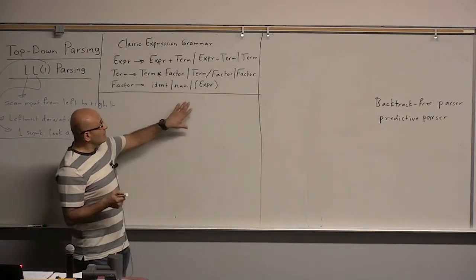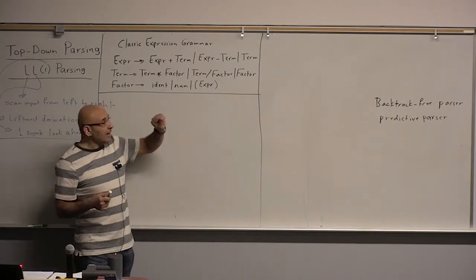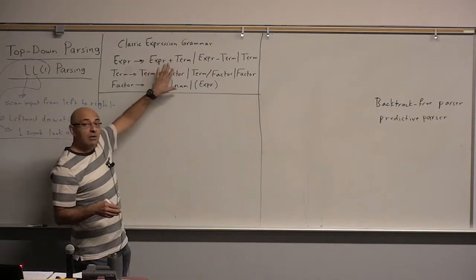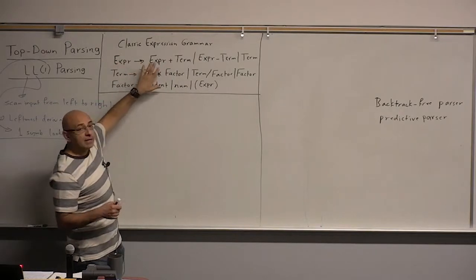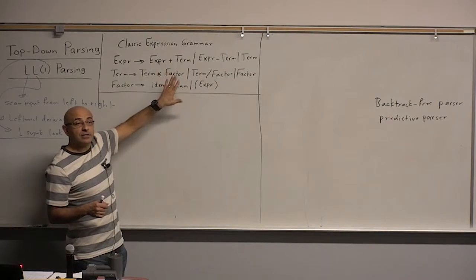And towards the end of last lecture, we pointed out that one technique that will work on this grammar is converting this grammar from the left recursion form to the right recursion form.